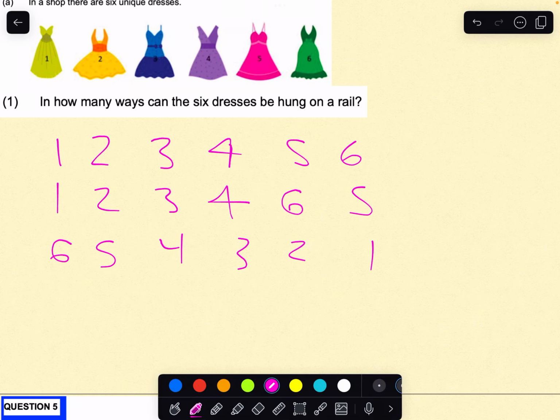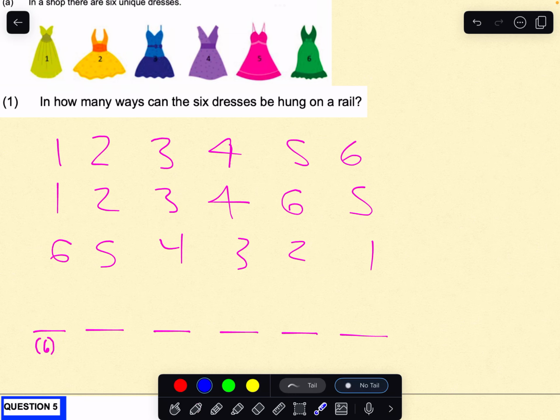The way that I always like to think about these questions is, how many slots are available in whatever arrangement I want to make. In this case, there are 6 slots on the rail, because we want to hang all 6 dresses. For the first slot, I have 6 options. But for the second slot, it will no longer be 6, it will be 5, because I've already chosen one.